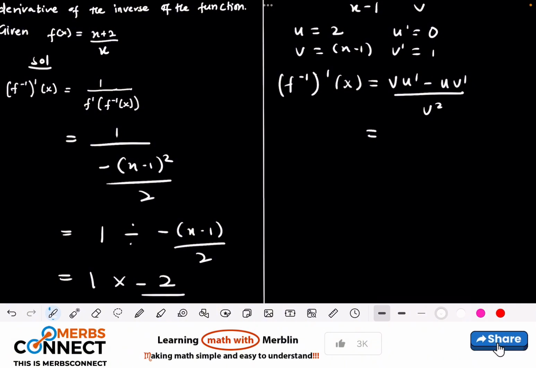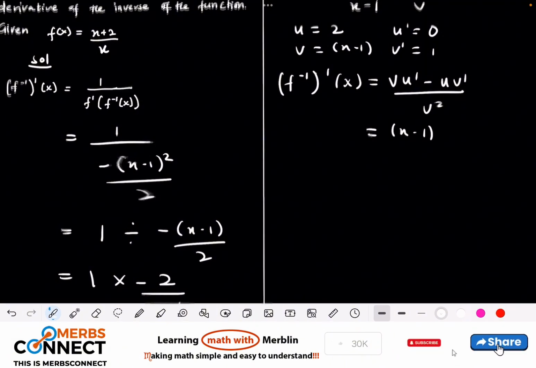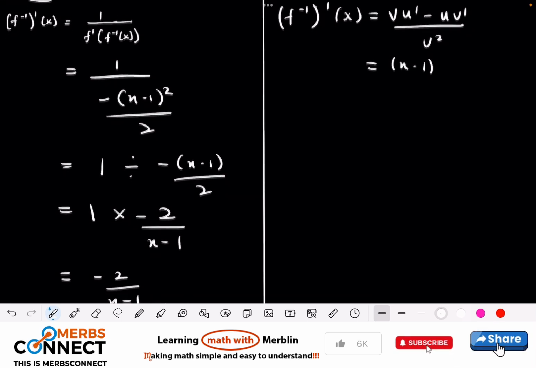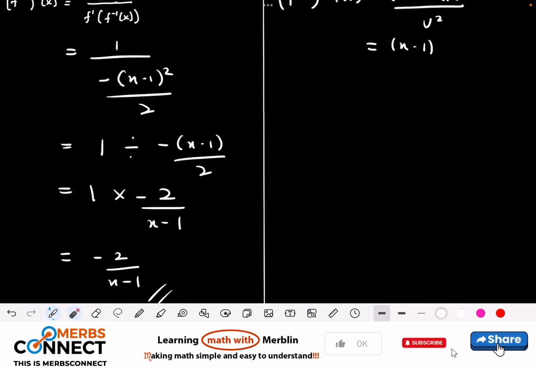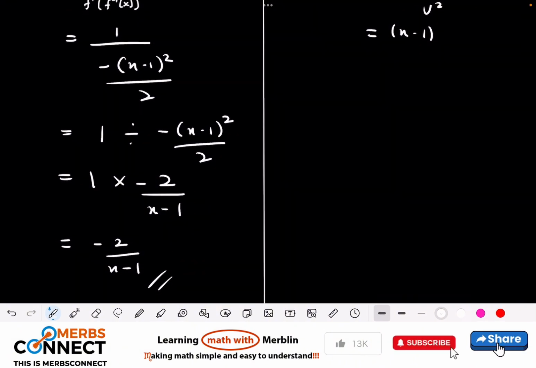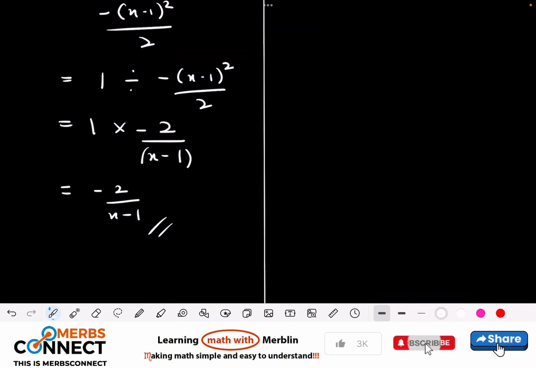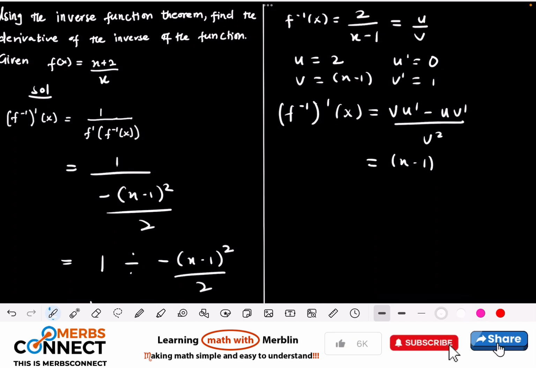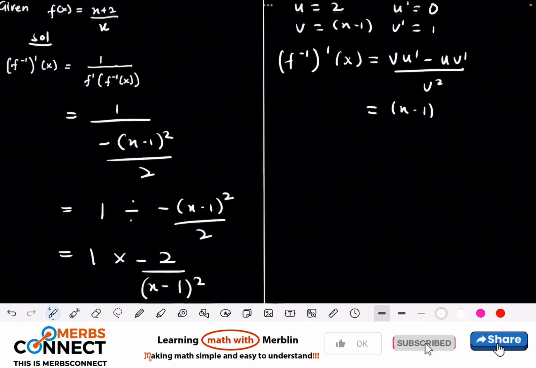What is v? v is x minus 1. Oops, I think for the final answer, we can see that there is a square here. I forgot the square, so let's put the square on it. Good, I think that's how it's supposed to be.